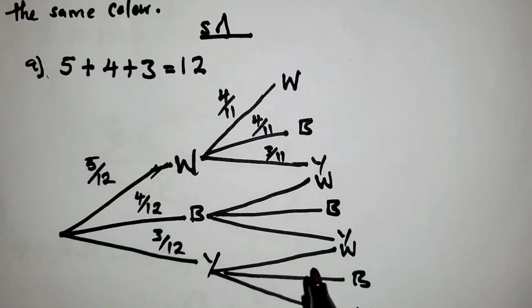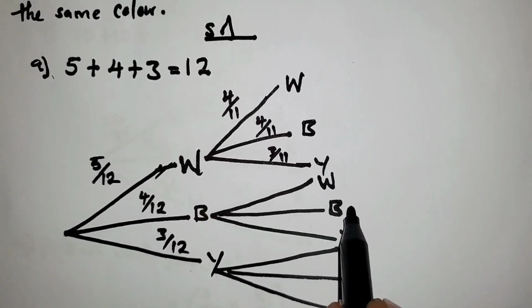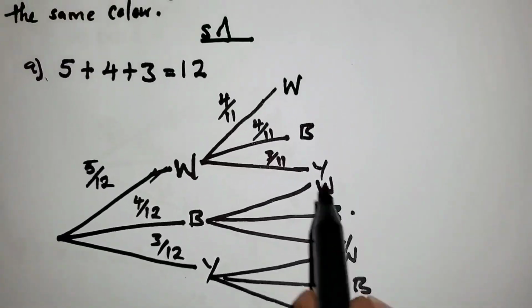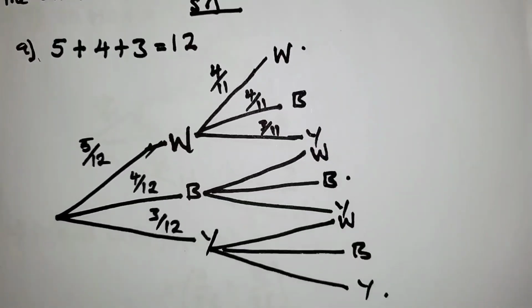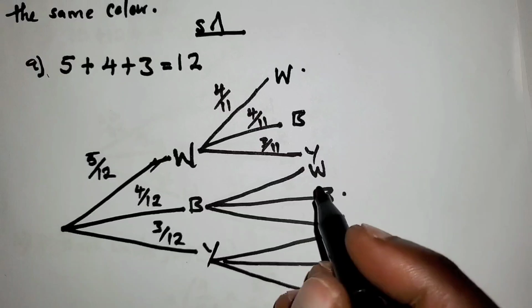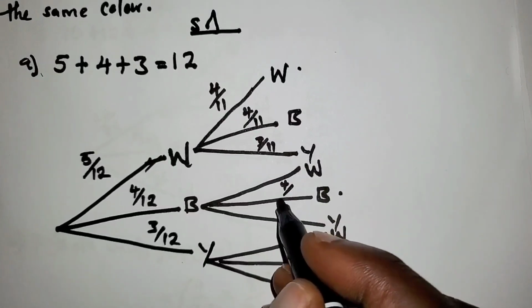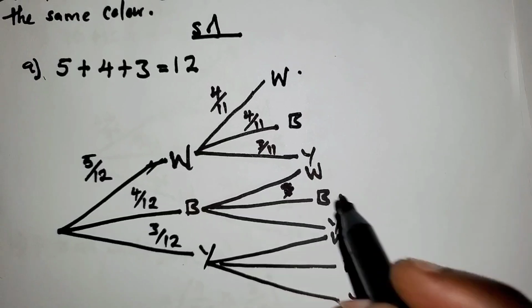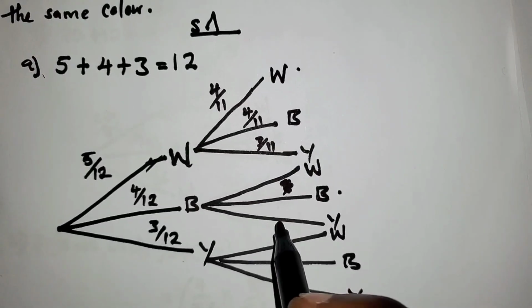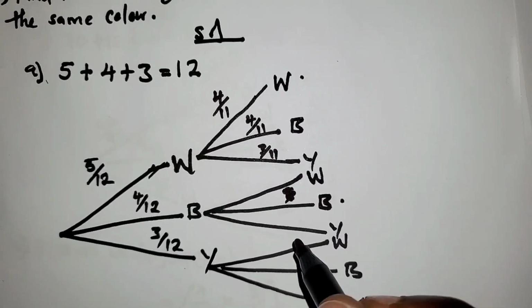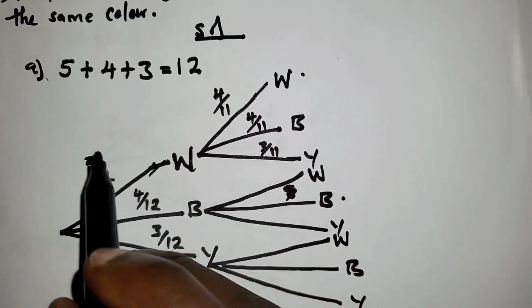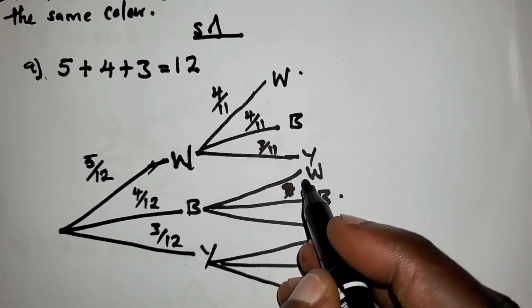Okay, now the second branch we consider blue. The third branch we're going to consider yellow. The first one we considered white. So for blue, we're going to assume that the piece of chalk that wasn't replaced was blue. We're going to subtract 1 from 4, so we're going to remain with 3.